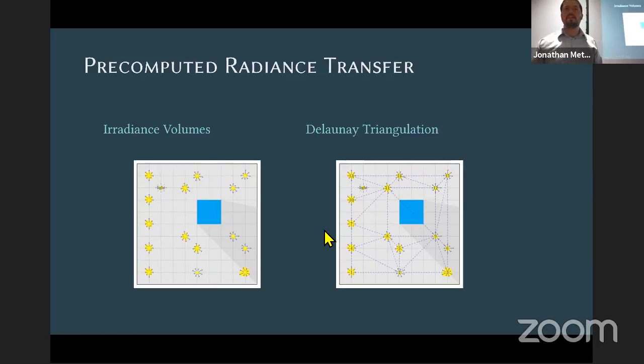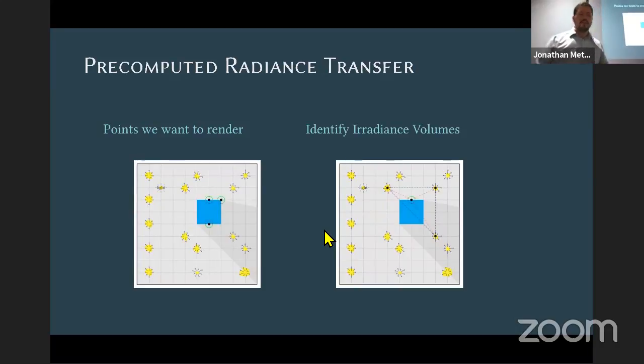But in a 3D graphics engine like Unity or Unreal that's using precomputed radiance transfer, they're going to create a Delaunay triangulation for the entire scene, and that's going to create these tetrahedrons, these 4-sided, 4-vertex shapes. So let's say we have 3 points we're interested in.